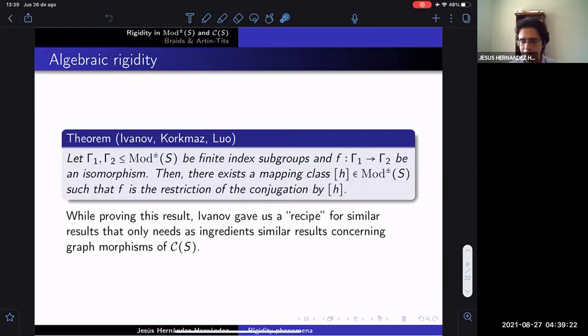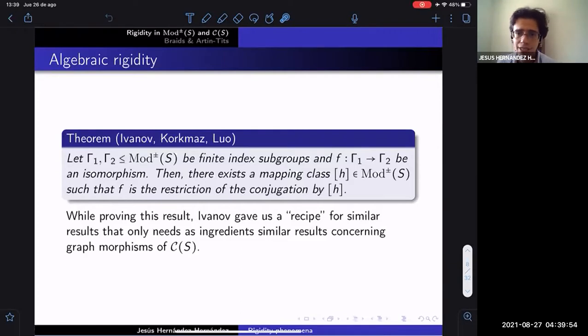The way to obtain this result, at least the way Ivanov obtained it, is just paralleling one of the ways that Mostow rigidity can be proved. Why does this matter? Well, there is a relatively well-known analogy between certain semi-simple Lie groups with various adjectives and mapping class groups.